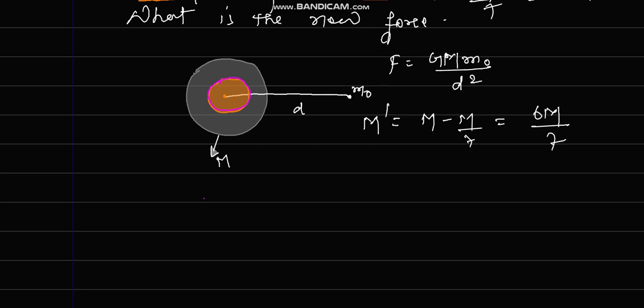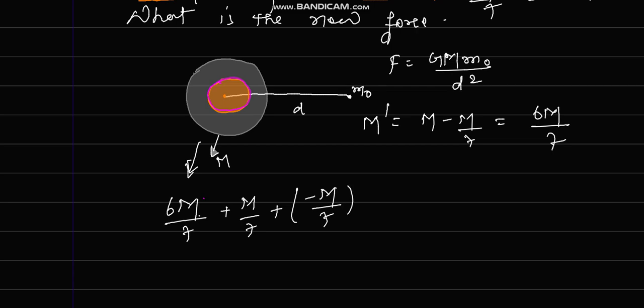Now this can be seen as a superposition, a combination of 6m by 7 plus m by 7 and plus minus m by 7.